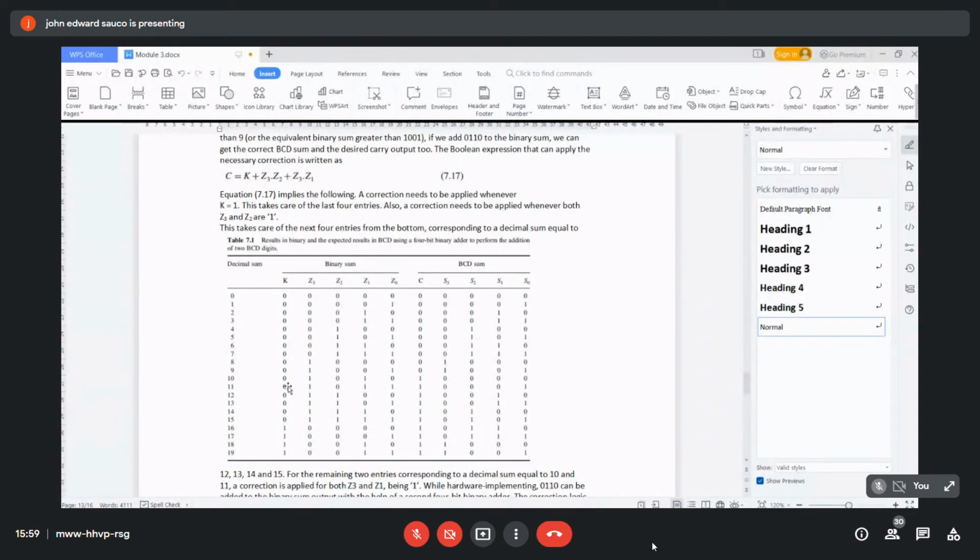Pagdating ng 10 is dito yung ano na siya? 0, 1, 0, 1, 0. So, dito sa BCD sum is ano na siya? 1. Okay? Kasi, ayan, 1 na dito sa carry. So, naka-carry ka na ng 1. Pero sa 11 is 0, 1, 0, 1, 1. So, yan, tuloy-tuloy lang. Ito naman is yung naka-carry ka na ng 1, saka nag-start ka ulit ng 1.